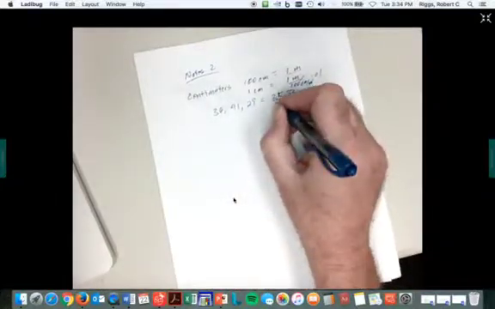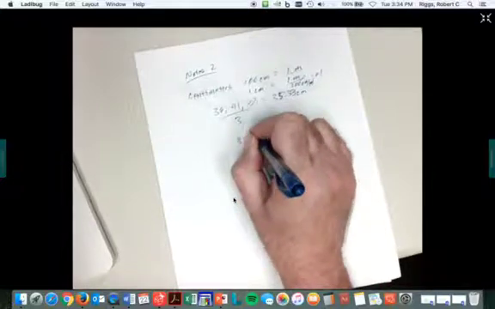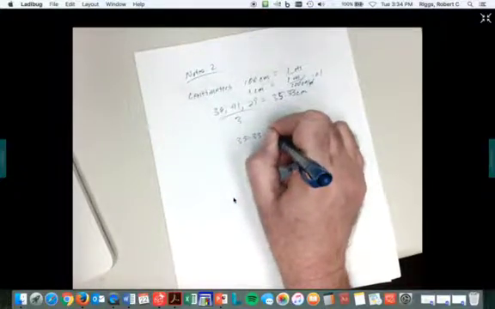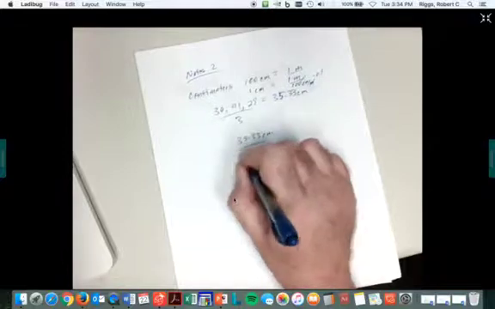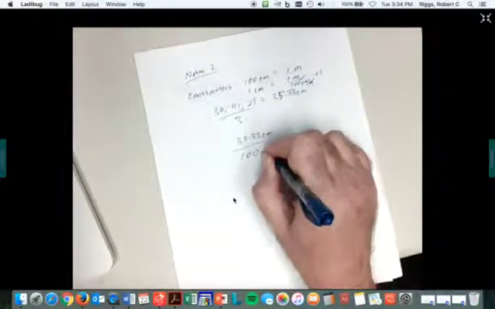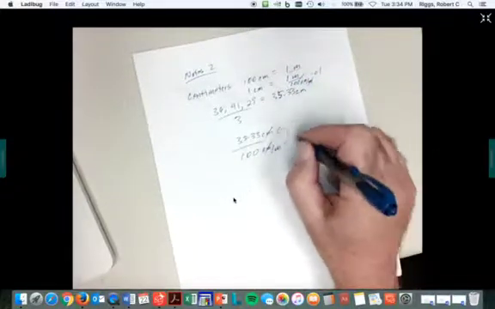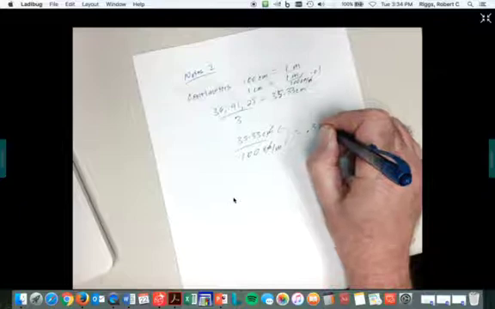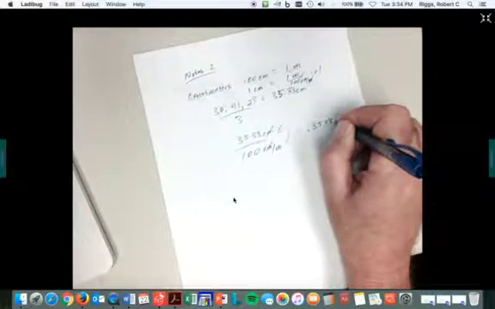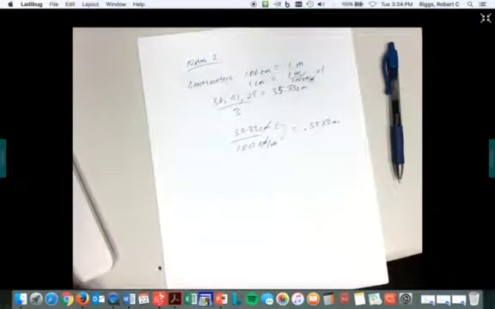So when I add these up and divide by 3, I got 35.33 centimeters. And that would be divided by 100 centimeters per meter. Then the centimeters cancel, and I wind up with 0.3533 meters. No big deal. Just divide by 100. That's all there is to it.